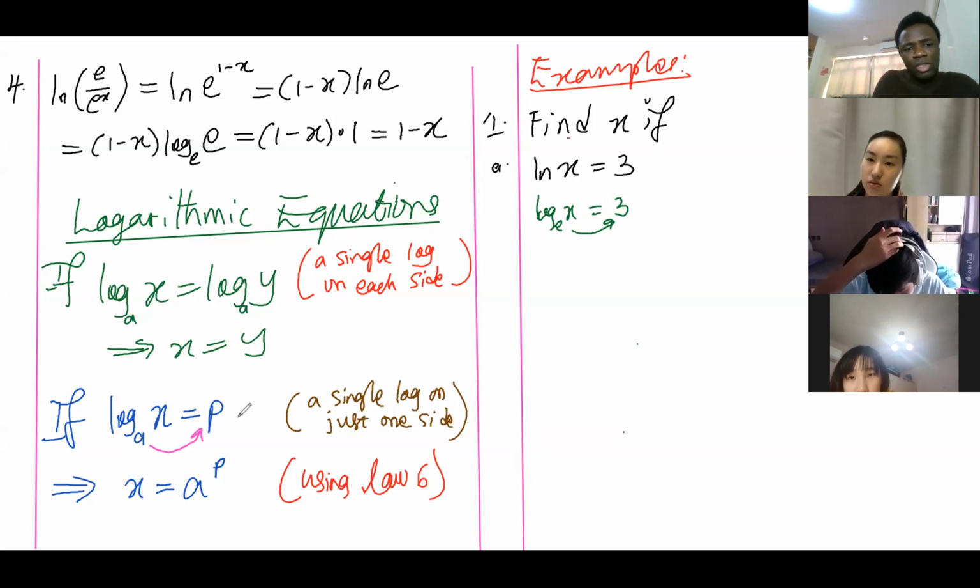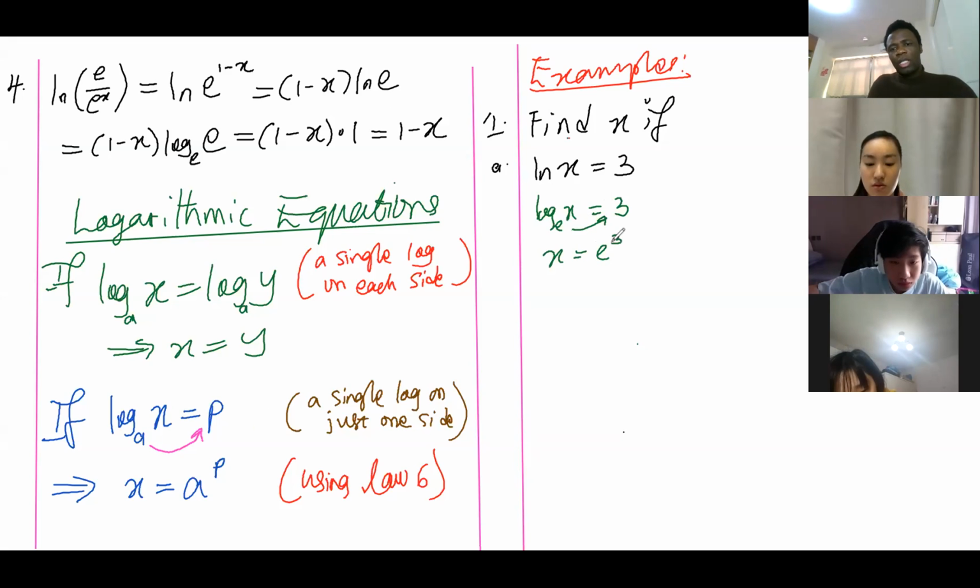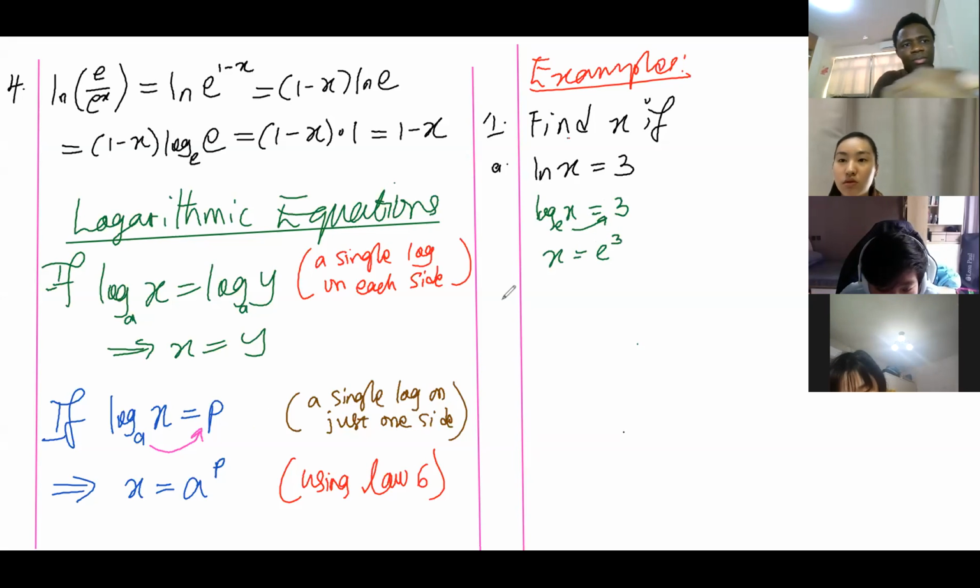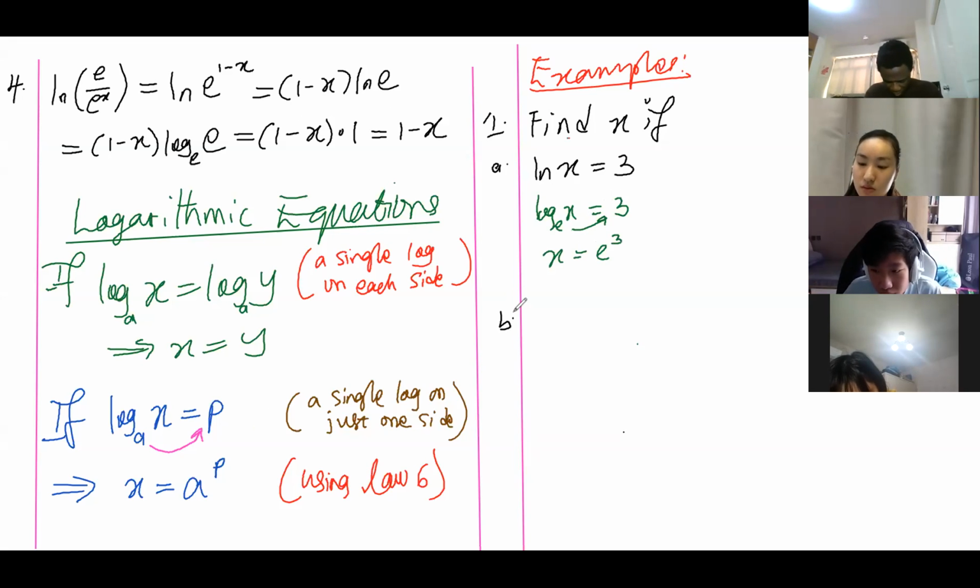Then you use the second type, okay? If you have that, it means your x is equal to e to the power 3. You can check that in your calculator. Leave that in maybe some significant figures. That's all you can do, okay? You can do that after the class. Just write in your note and use the calculator for the last part.